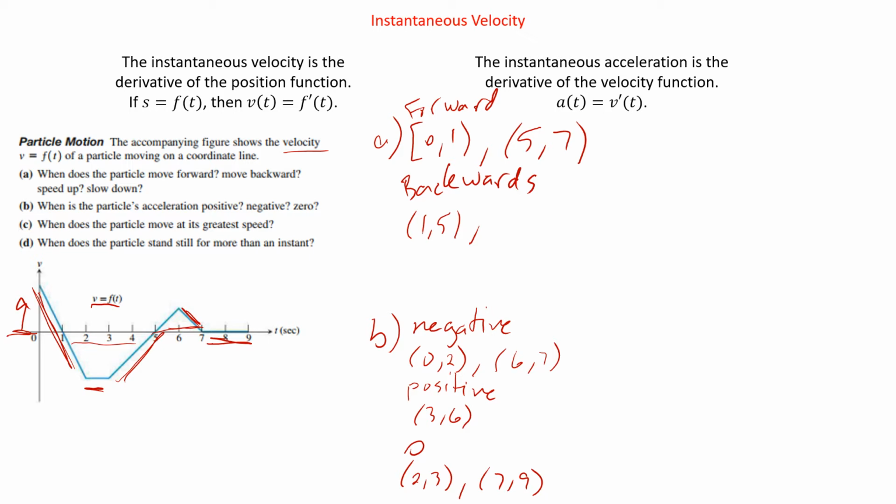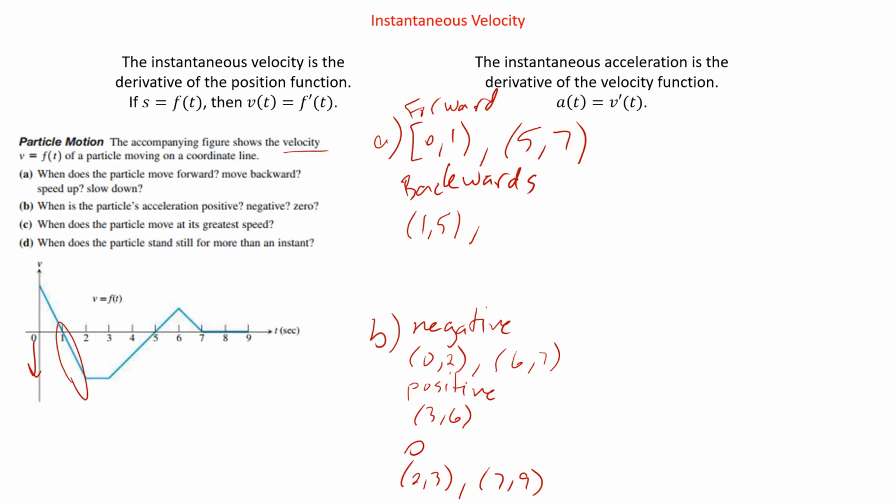It's speeding up when either the velocity is negative and the acceleration is negative, or when they're both positive. I'm going to erase some of my marks over here. When is the velocity negative? It's negative when it's down here. Well, when is the acceleration also negative? When is the slope there negative? Here.